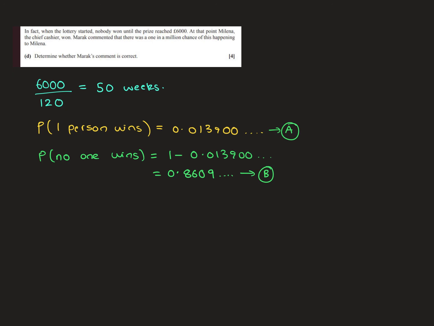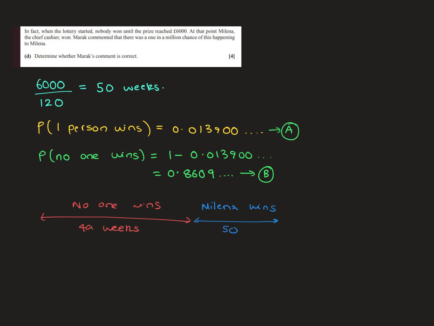So what we want to happen is that for 49 weeks, each of those weeks, no one wins. But in week 50, we want a specific person, Milena, to win.